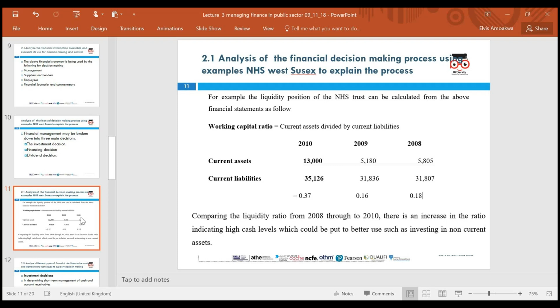You can only analyze and take decisions using basic ratios. Now, of course, I said in the second lecture that we are not accountants. We are healthcare managers or trainee healthcare managers. So it is not our duty to prepare the financial statements. This module is just trying to help you understand and be able to analyze the financial information if it is provided.